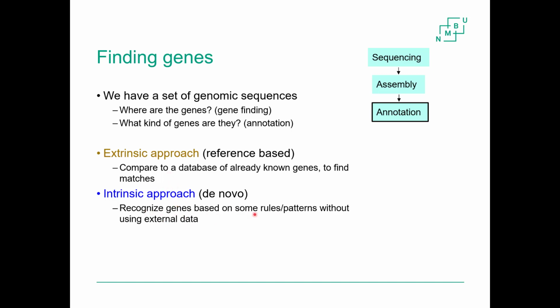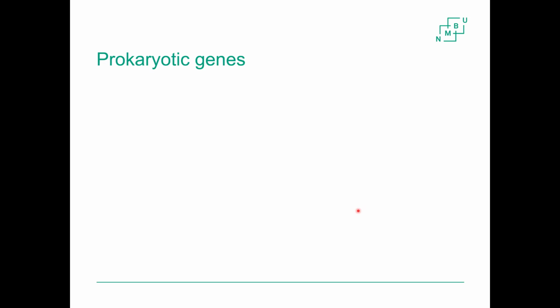We have to say that it also somehow uses ideas, at least from previously seen genes. But if you think back to the very first genomes that were sequenced, there were very few ideas to lean upon. But nowadays we have something more. The de novo or intrinsic approach to gene finding is still very much in use. We will see why.